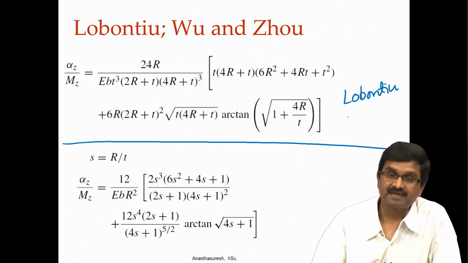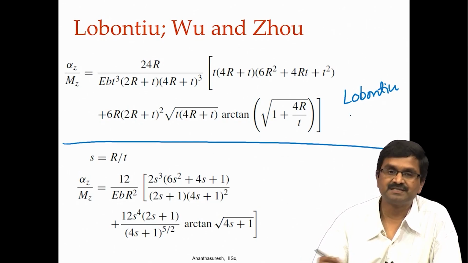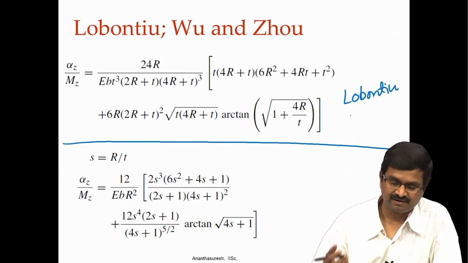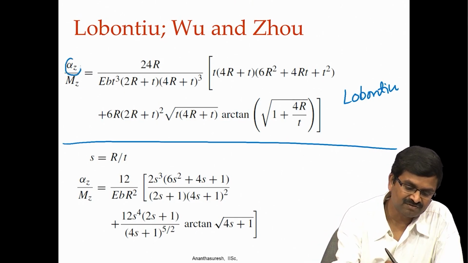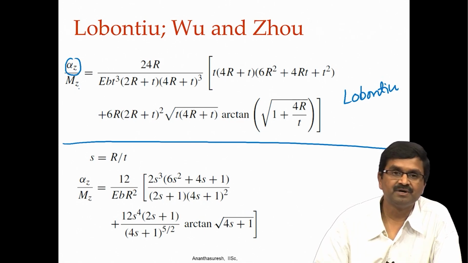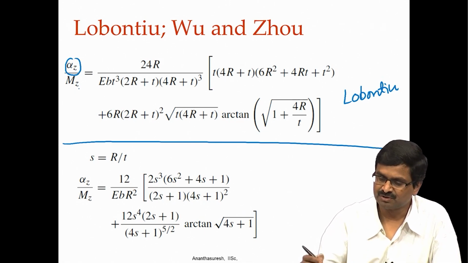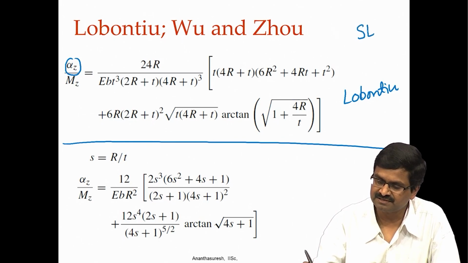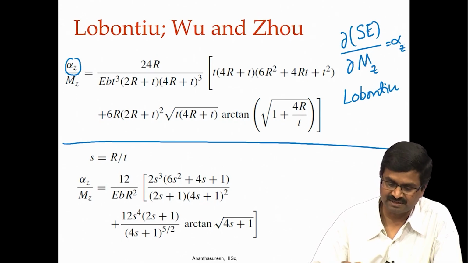Lobontiu used an energy method, the so-called Castigliano's theorems, that is, you would write the strain energy and take the partial derivative of the strain energy with respect to, let us say, if you want to get this angle alpha z, you have to take the partial derivative with respect to Mz, the corresponding actuation. If it is an angle, there is a moment. So, you take the partial derivative of the strain energy with respect to this Mz, and that will give you alpha z, the corresponding rotation, and that is what he has done.